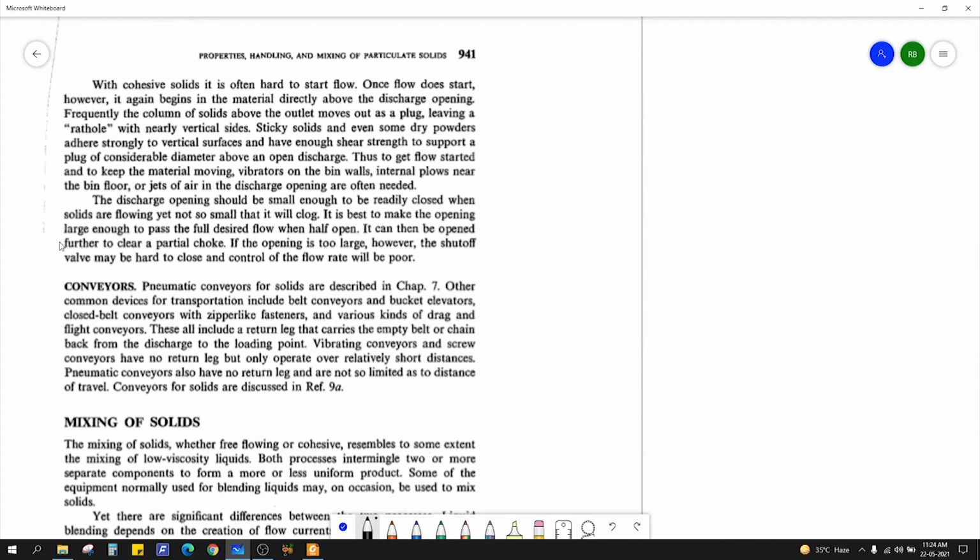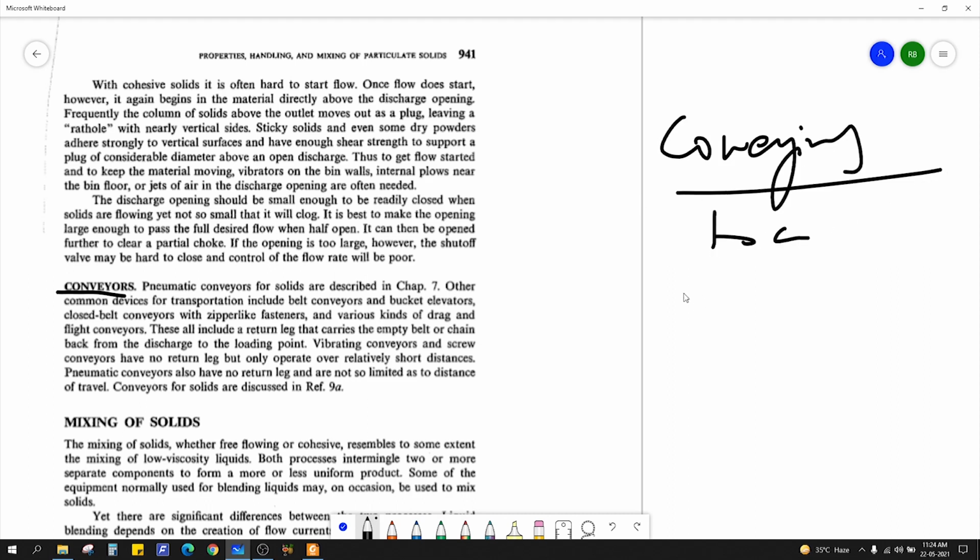Also, you have conveyors. We'll study this in detail later. Conveying is transport of materials from one place to another, right? There are different ways to transport.